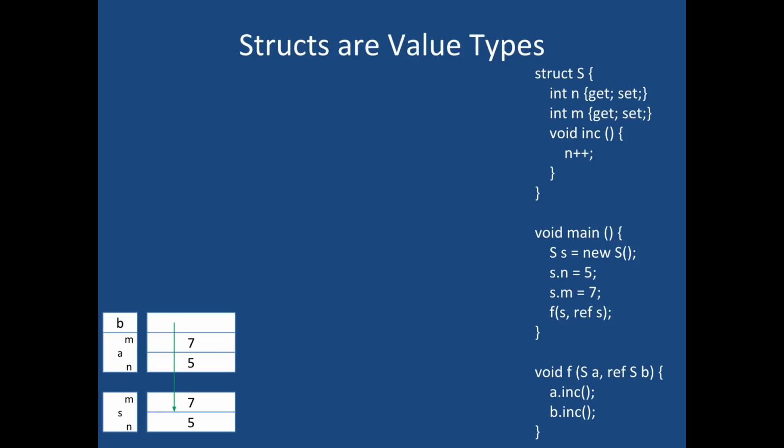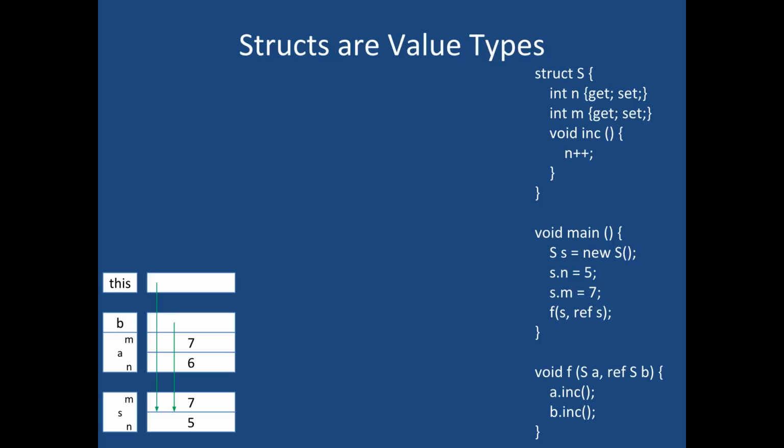So that when we do a.increment, so a.increment changes n. What's going to happen when we call a.inc? You'll change that to 6. Well, okay, I animated the call to increment. And then when we do b.increment, it's going to actually operate on this thing down here.